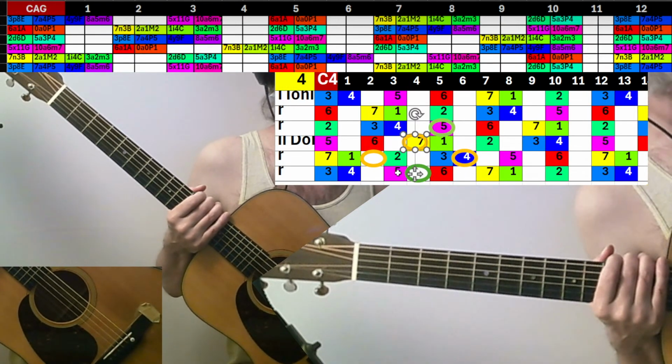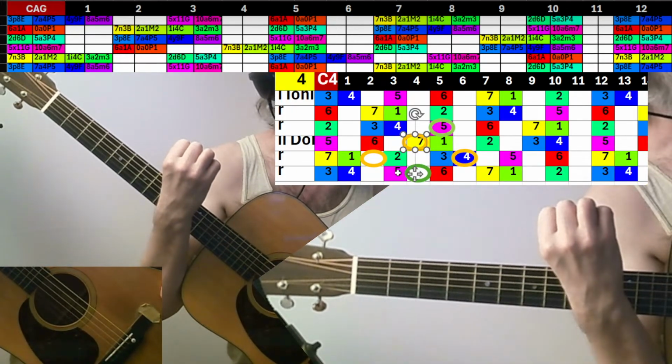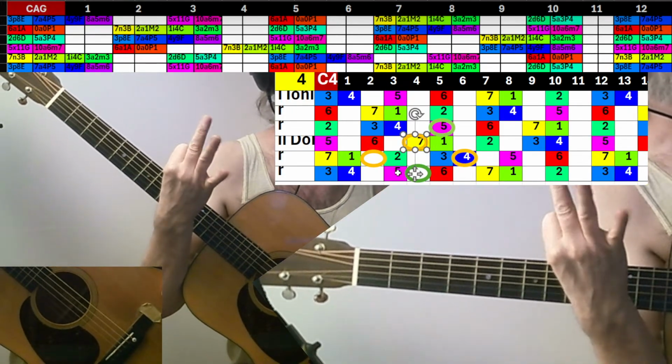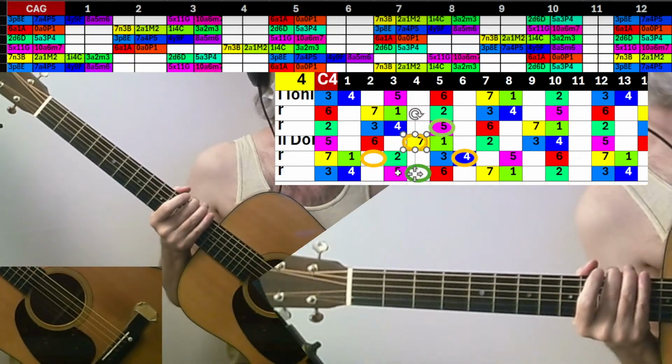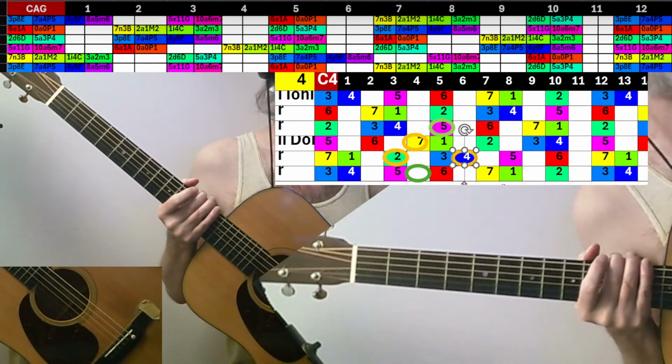So the 4th modal half step up from mixolydian would be 5, 6, 7, 1, 2. So that's going to be the Dorian, which is 7 notes away. And then we know that the 7 actually is still on the continent.